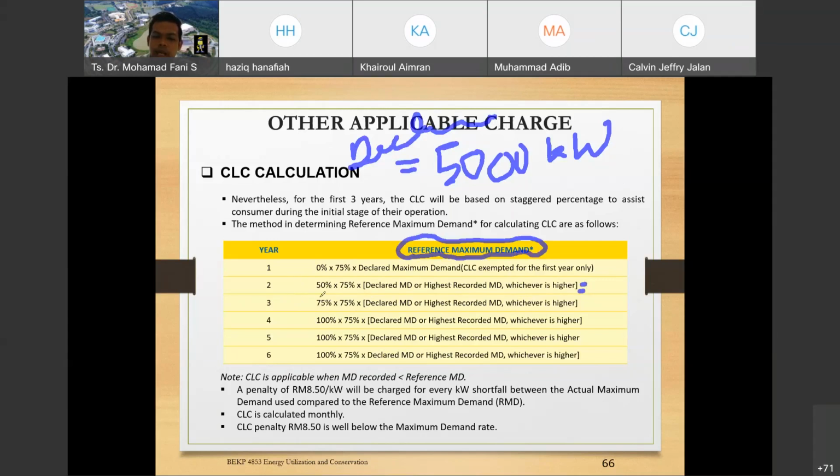Try 50% multiplied with 75% multiplied with the 5,000 kilowatt hour. How much do you get? RMD, reference maximum demand. Yes, 1,875.